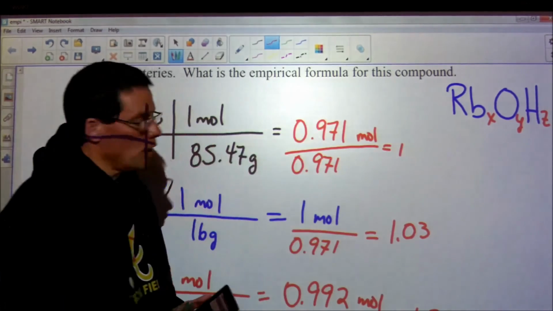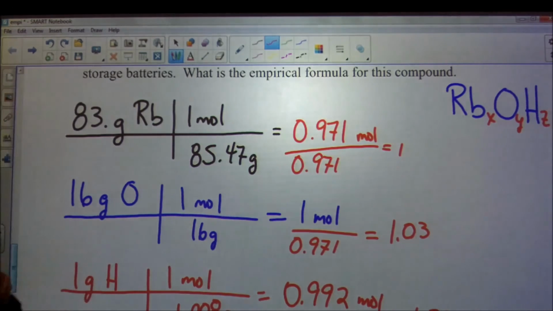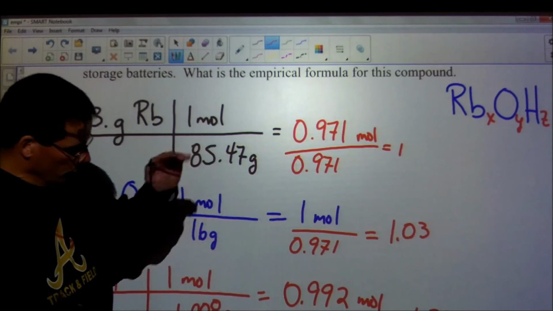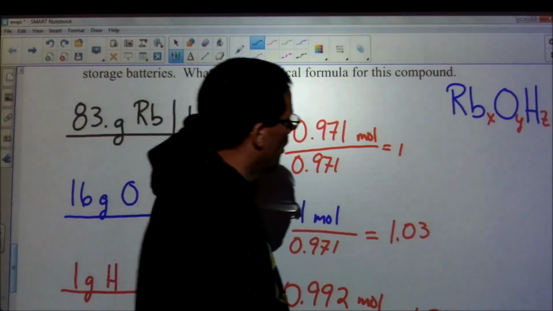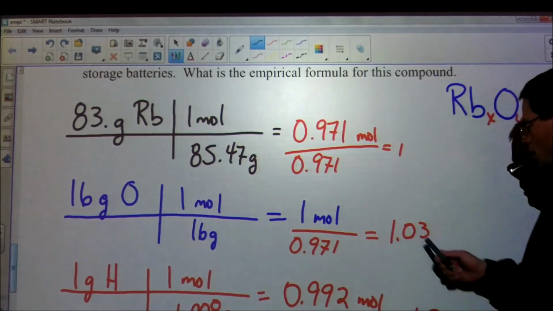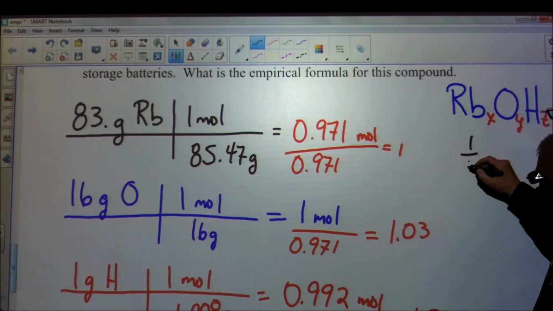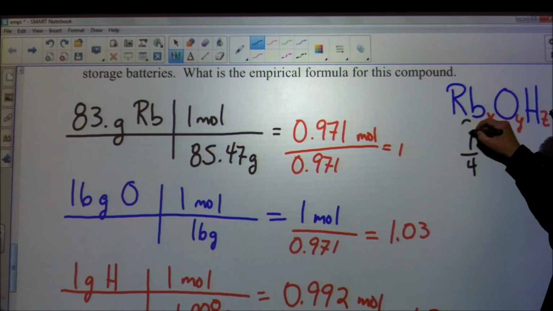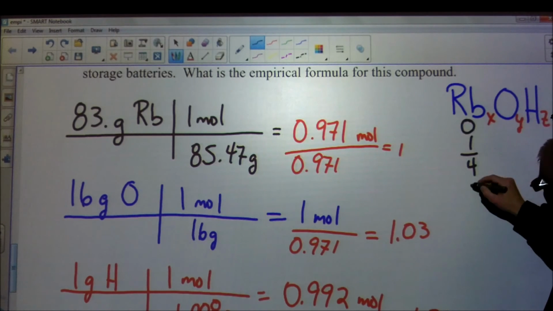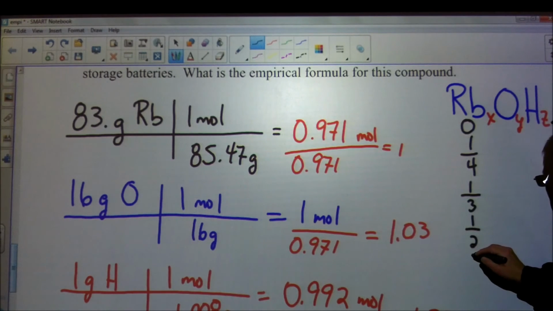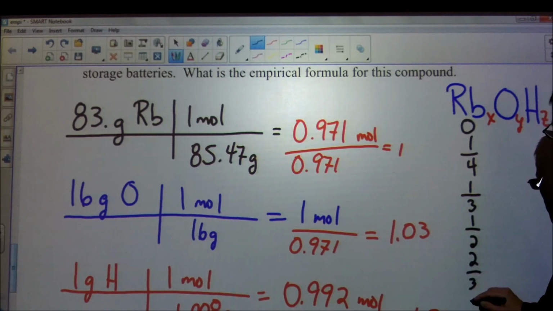Alright, so now let's talk about this. Okay, we have some numbers that are very, very close to 1. And our targets that we're shooting for, again, remember, especially when changing these decimals into fractions, it starts at 1/4. So we go from 0 to 1/4 to 1/3 to 1/2 to 2/3 to 3/4 to 1.